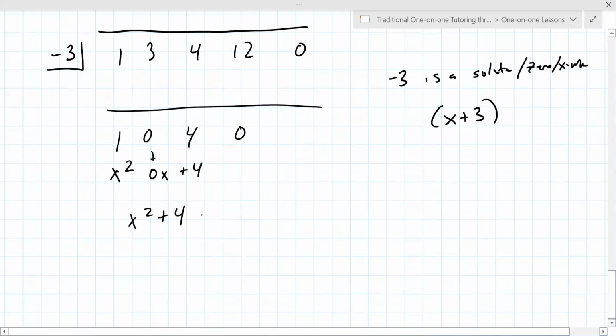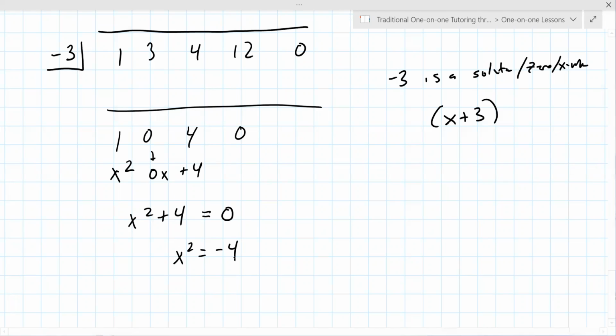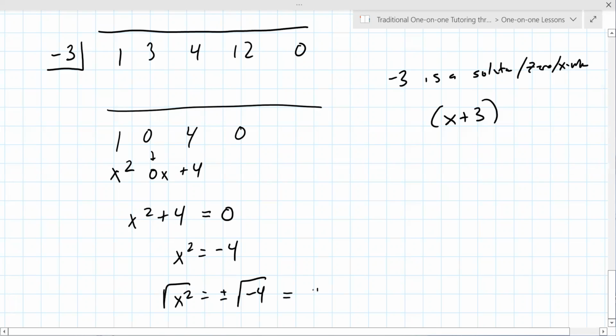Now if you set x squared plus 4 equal to 0, and we did this in your last chapter unit, if you subtract 4 from both sides, you get x squared equals -4. We talked about how to solve this. We talked about there being complex roots if you take the square root of both sides. You probably want to ask your instructor if this is what you're expected to do.